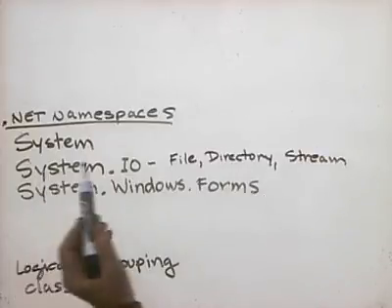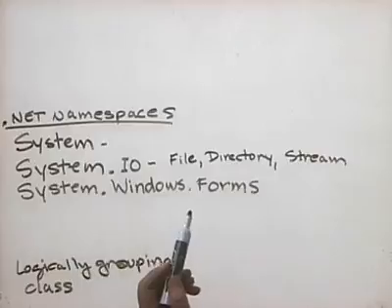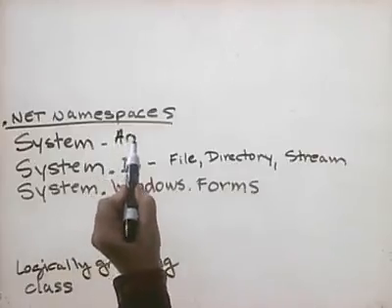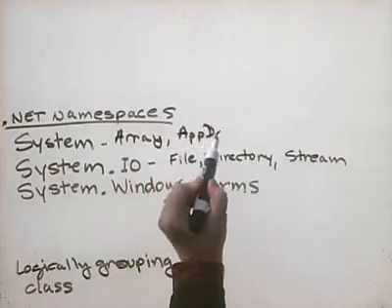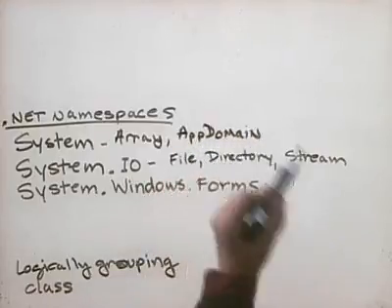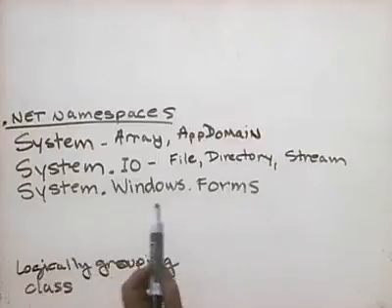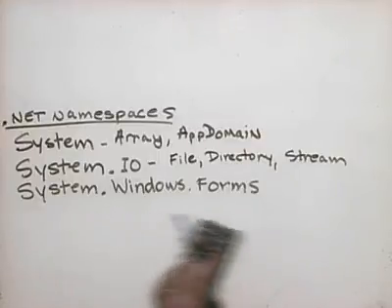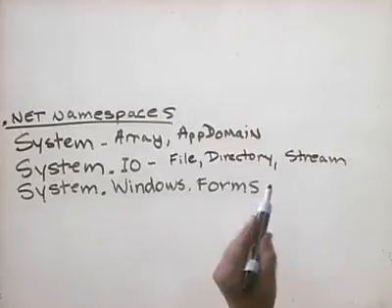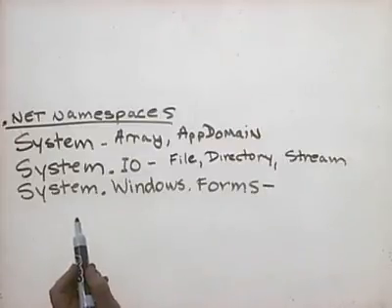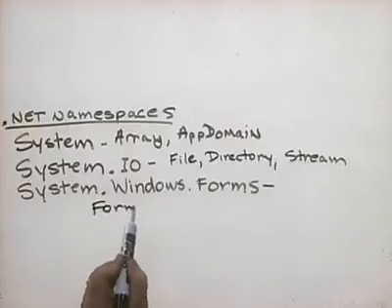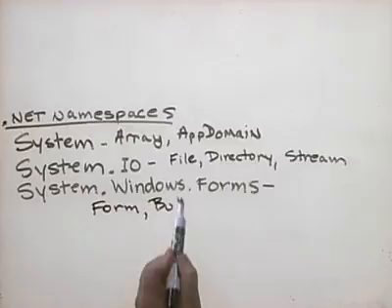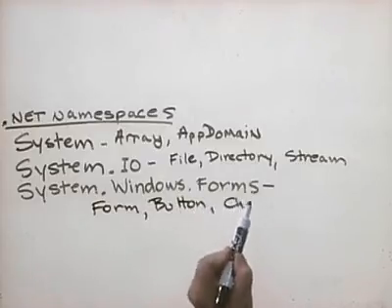In system, I'm going to have some of the more basic classes, like an array class, an app domain class. And in system.windows.forms, that's actually a namespace that contains all of the user interface objects for a Windows application, like a form class, or a button class, or a checkbox class.